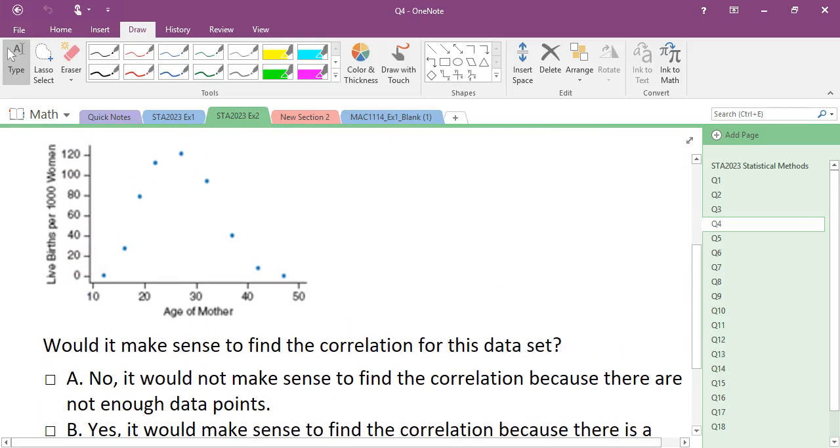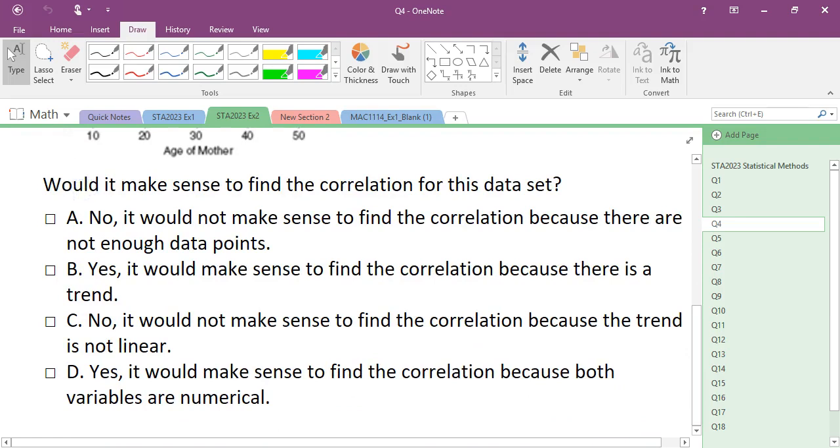Is it wise to find our correlations? No. So it's either A or C then. Which one makes more sense? C. Yeah, because it's not linear. Remember, we harped on this in class that if you're going to find correlation, it has to be linear in nature. Super important for that. Cool beans.